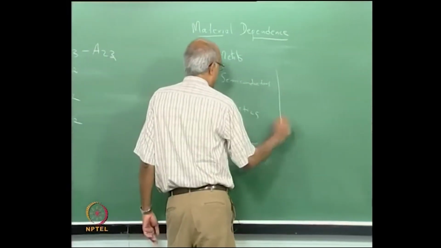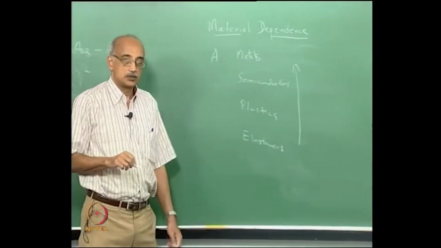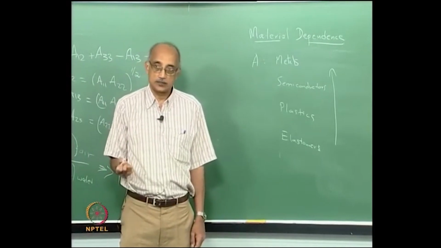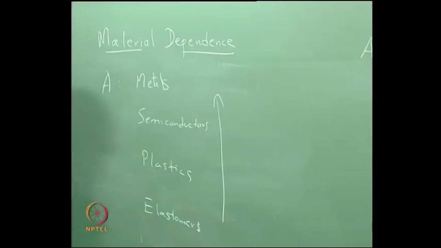The magnitude of the Hamaker constant goes this way: metals have the highest Hamaker constants, semiconductors have less of a Hamaker constant, plastics even less, and rubbers even less.